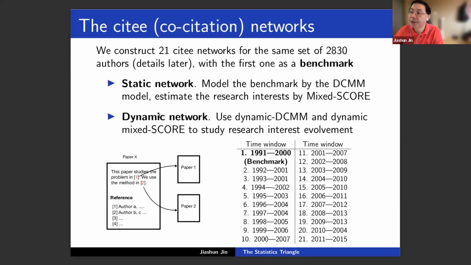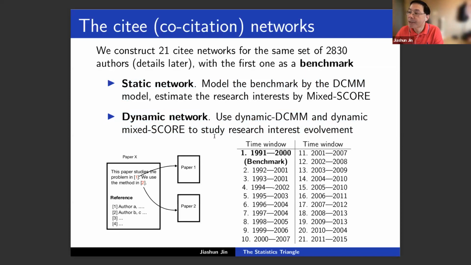We're also going to study dynamic networks, like how this network evolves over time, especially how the research interest of an individual author evolves over time. For the interest of time, we're going to spend most of the time on the first part, and also discuss a little bit of the second part.